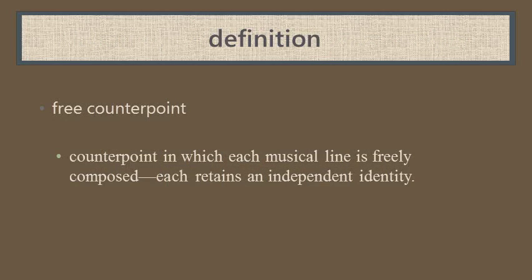Each musical line retains an independent identity, and this is certainly the case in our Haydn example. We have our solemn hymn tune, which marches steadily along. The first violin, however, plays this skippy, very disjunct line, which has a skipping, energetic, frenetic quality to it, which contrasts quite beautifully with the sober melody beneath.